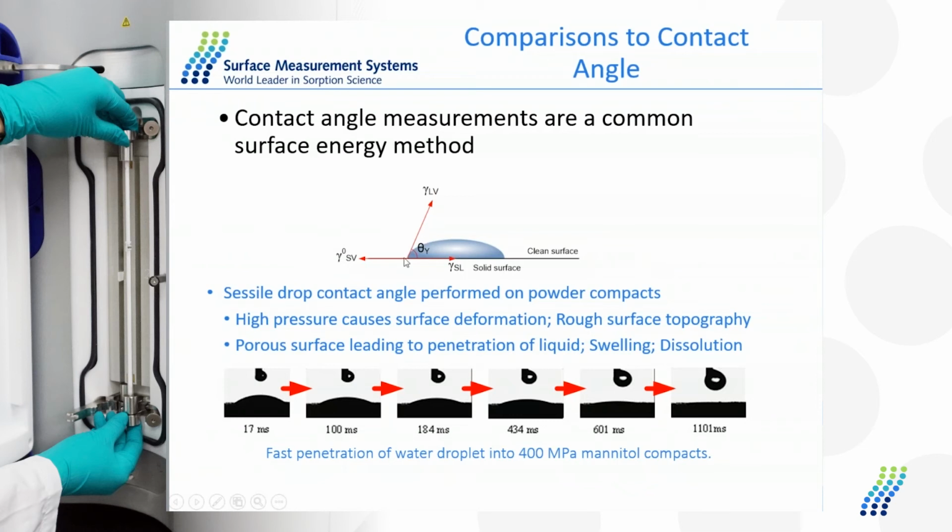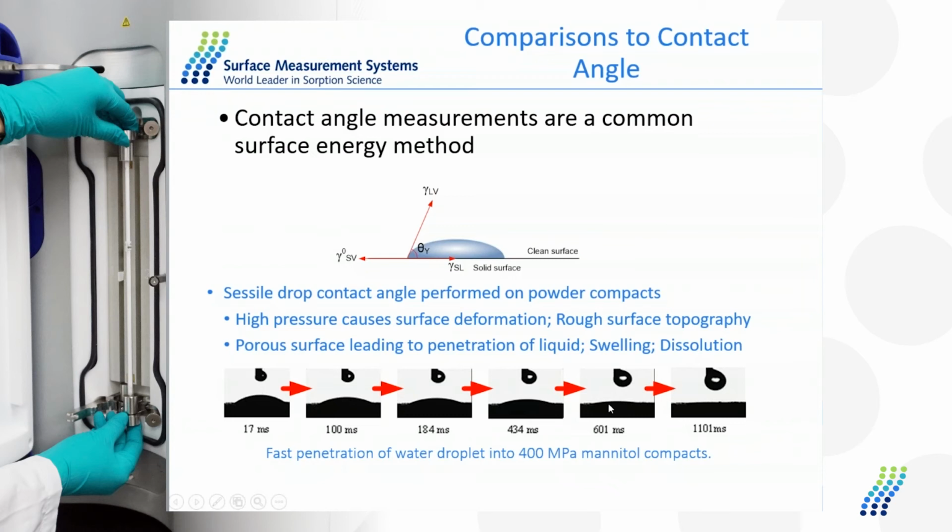And in a worst-case scenario, like we see in these pictures here, within 1,000 milliseconds or 1 second, this liquid completely swells and dissolves into this mannitol compact. So for powders and porous materials and rough surfaces, IGC can be quite useful in getting reliable and realistic data for surface energy.